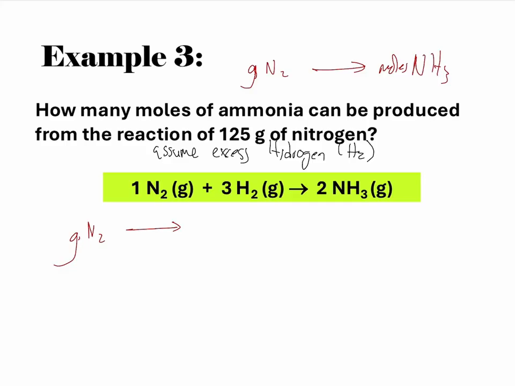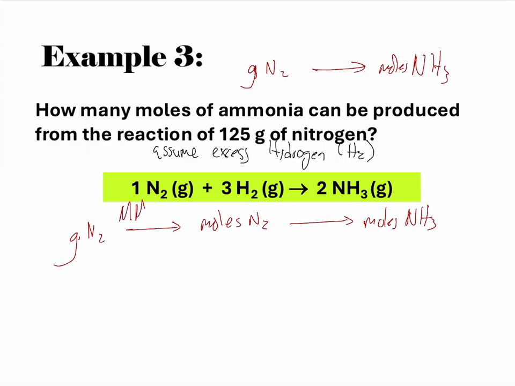So what's the first thing we need to convert to? We need to go to moles of N2, and then from moles of N2, we can convert that directly to what? Yep, moles of ammonia, NH3. And then how do we get from grams of N2 to moles of N2? What do we use?